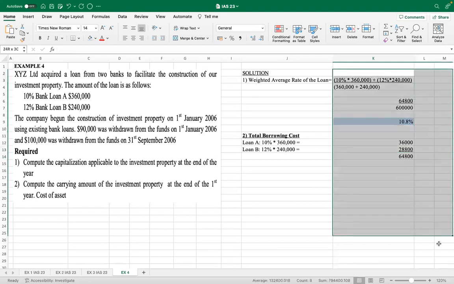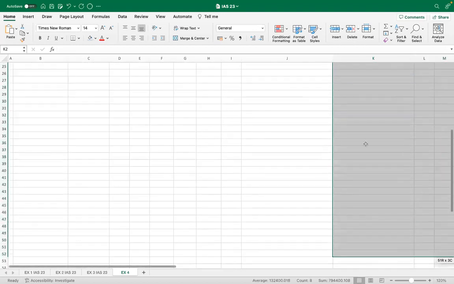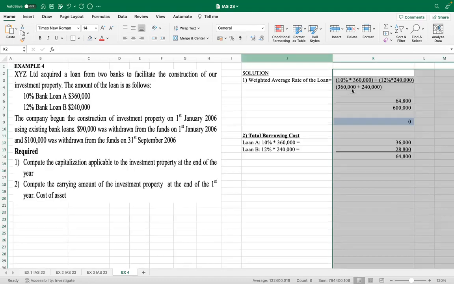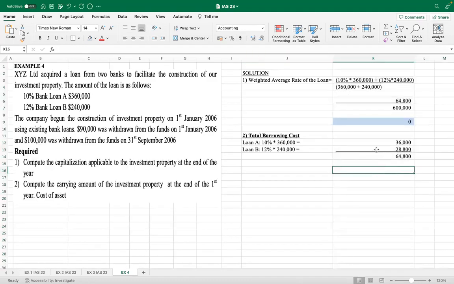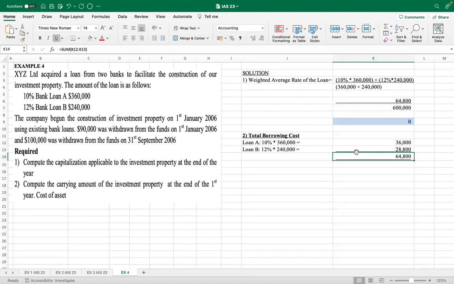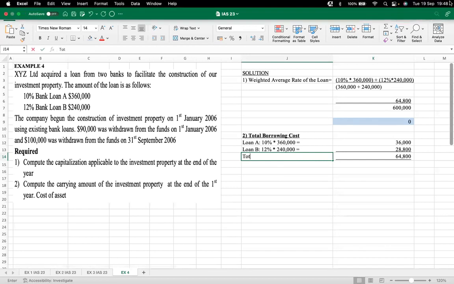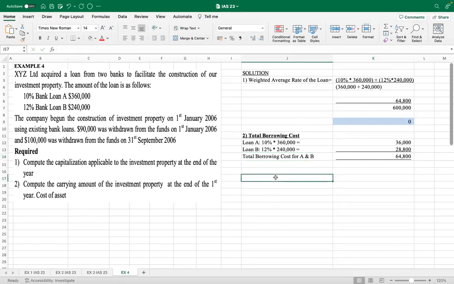Just hold on, let me make it a bit doable. Okay, so the total loan borrowed is this. The total borrowing costs, in short, for loan A and B is that.